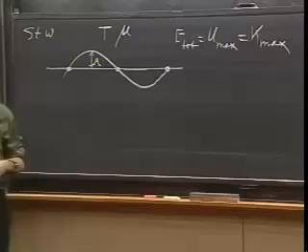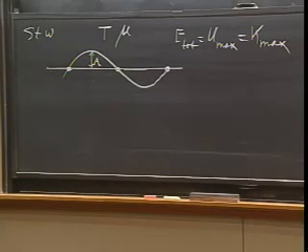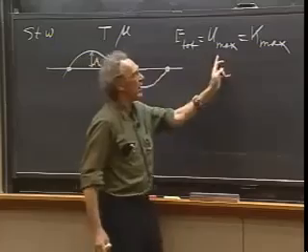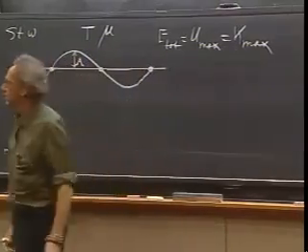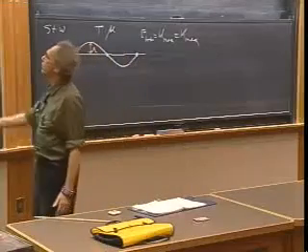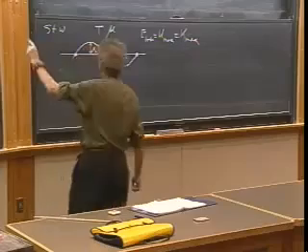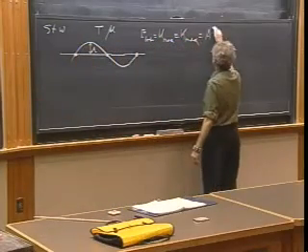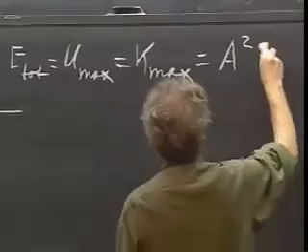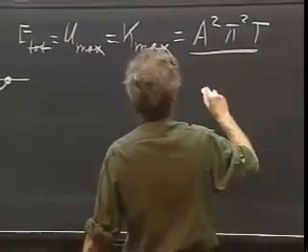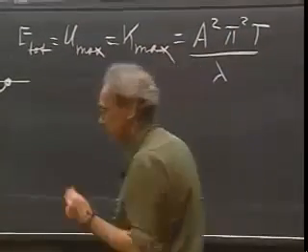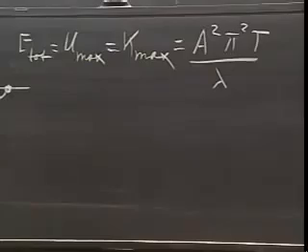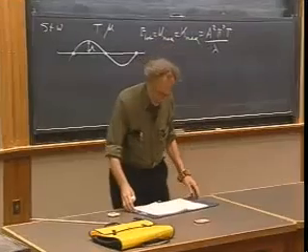This comes up, has a velocity in that direction. That is then the maximum kinetic energy that you can have. So E total is U max is K max. And so we already know what U is. So all we have to say now is that that is the same as A squared times pi squared times T divided by lambda.